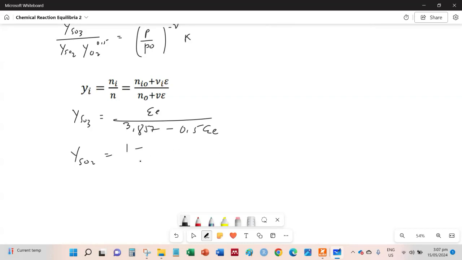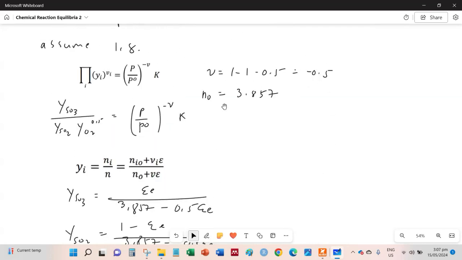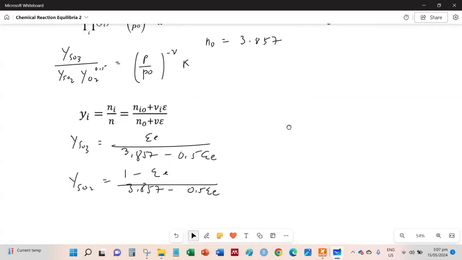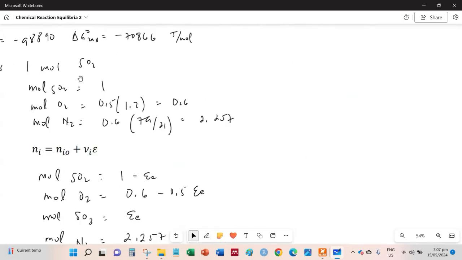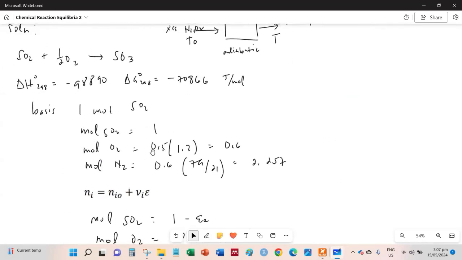Okay, so using the information that we have, that one and not, and also the initial. So you have to refer to this initial.